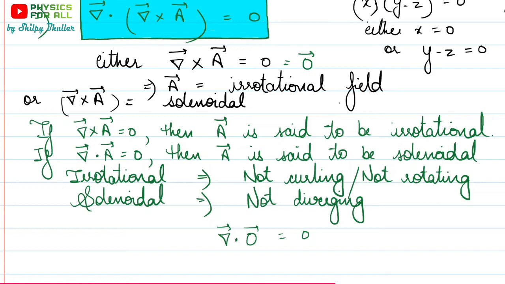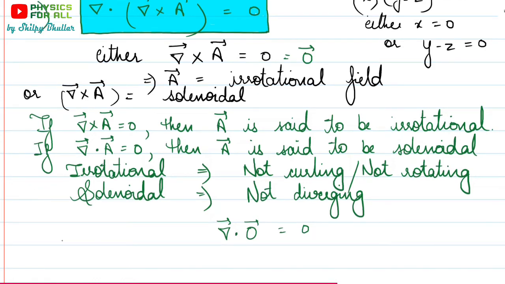This is how we can understand this. Now let's discuss the divergence of non-solenoidal. So if A is non-solenoidal, then it will not be 0.